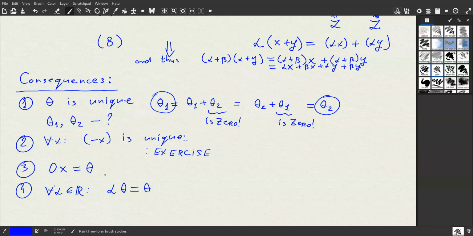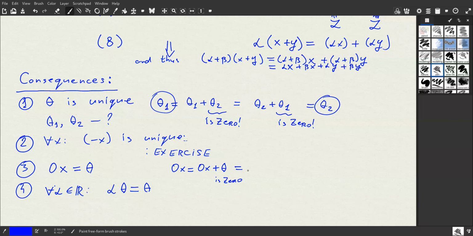Okay. 0x is theta. We can say that 0x equals 0x plus theta, because theta is 0. Correct?